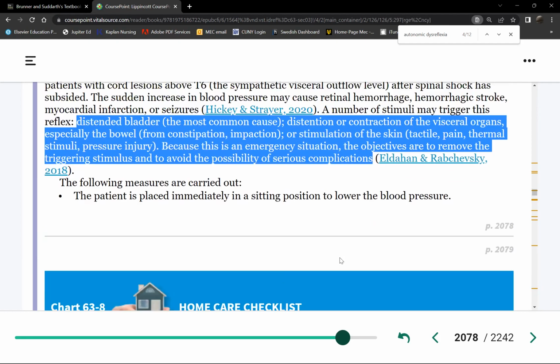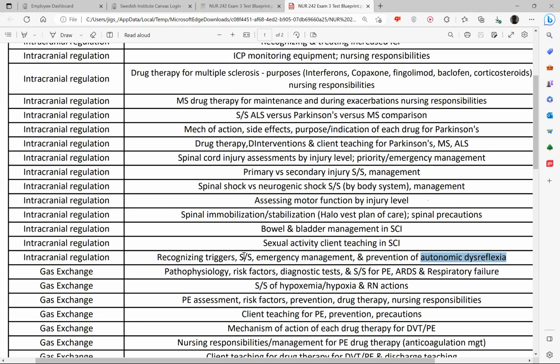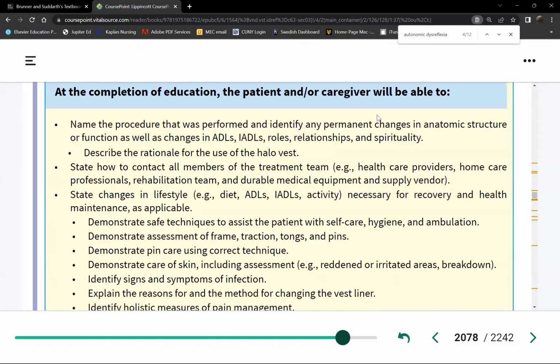So the triggers, signs and symptoms, and then management. Here's your management. What's the first action? Sit them up. Okay, after sitting them up, what's the next action?